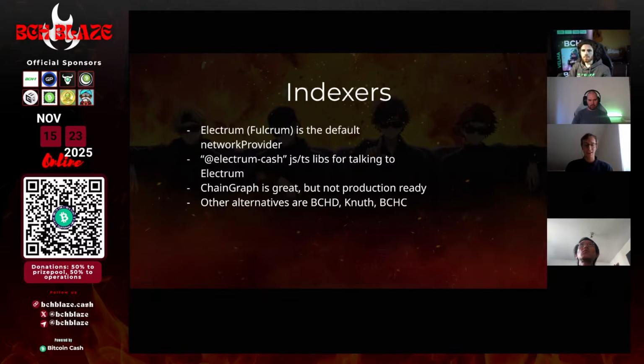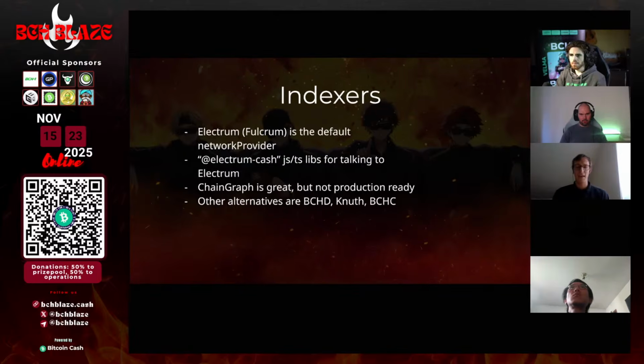So it's great and very flexible. It's not quite production ready. So if your app does not strictly need it, I would stick to Electrum or Fulcrum specifically. But if you want to do some more experimental or novel stuff, then Chain Graph might have all the data available in a very flexible way. So I do want to mention Chain Graph specifically.